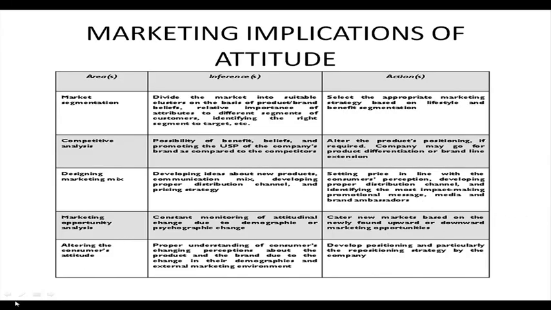So, like this, upward and downward stage. Otherwise, for Hindustan Lever, we can see Surf Excel for the upper or upper middle income segment, whereas for the lower income segment they have Wheel and Wheel Active.